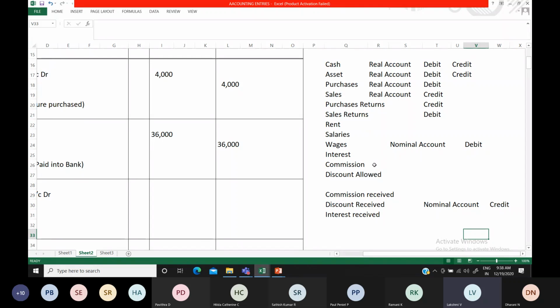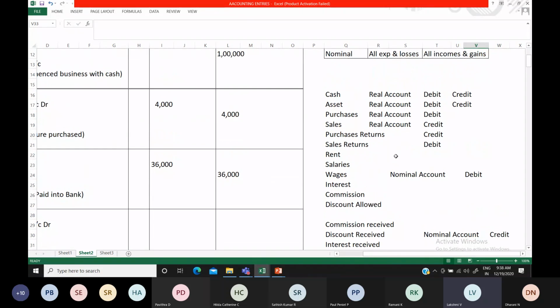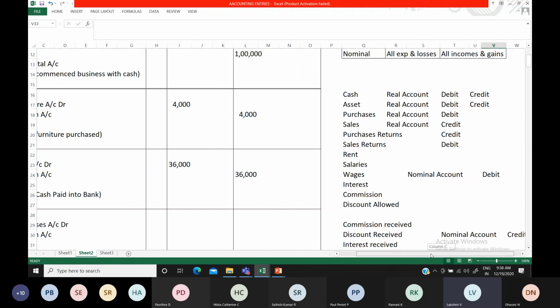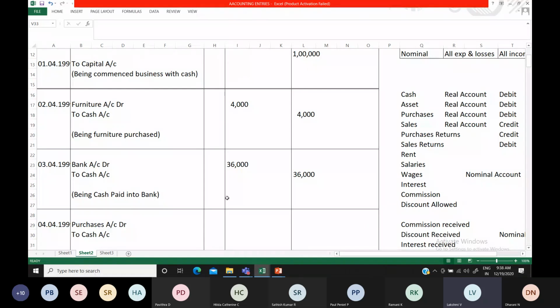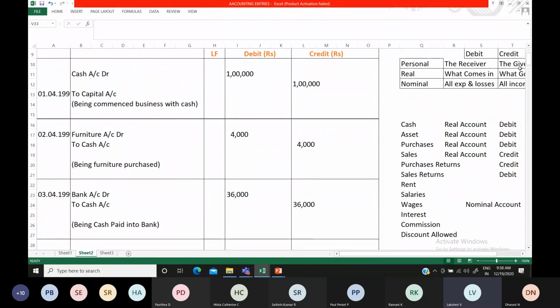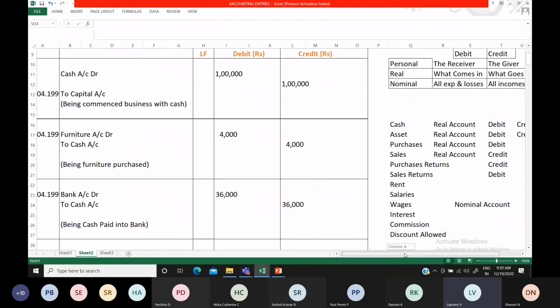So based on the question, based on the transaction, we decide how to post entries, what type of account it comes under, and which account has to be debited and which credited. You have to think it over. Hope till this everyone is clear about what the rules are and how we are generally making out all these things.